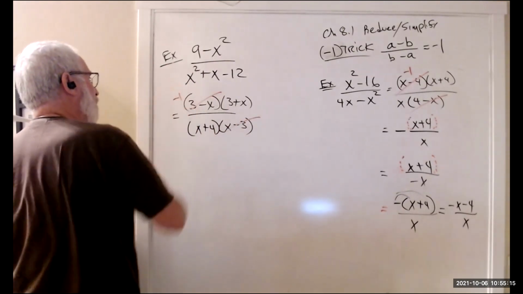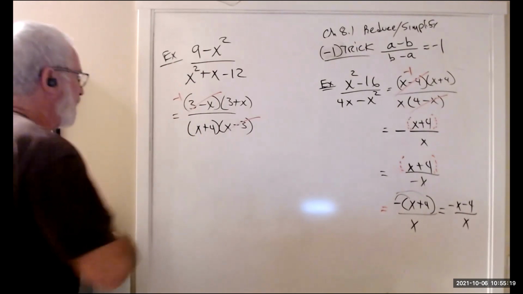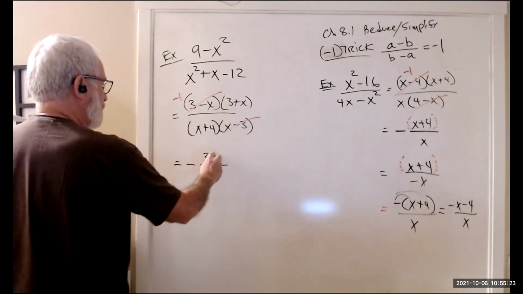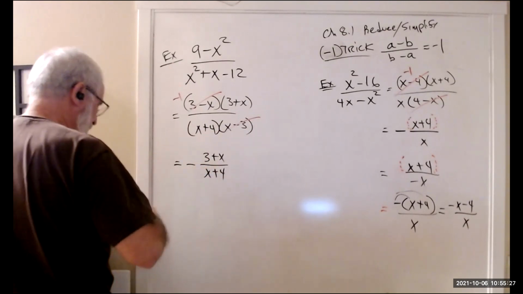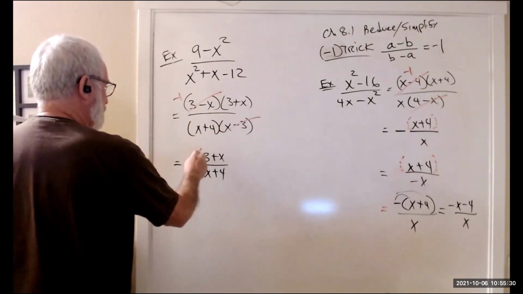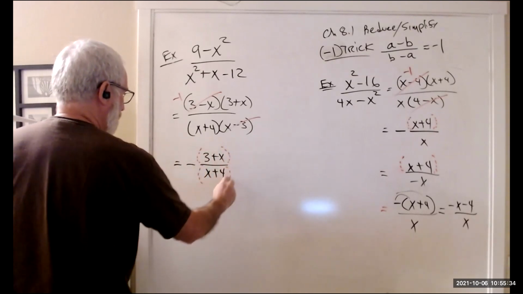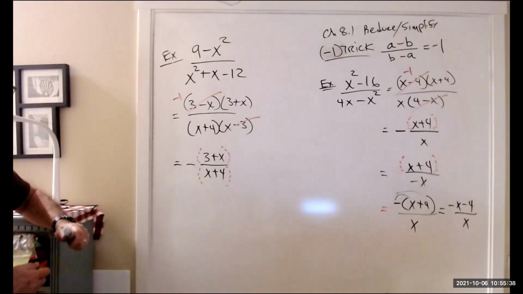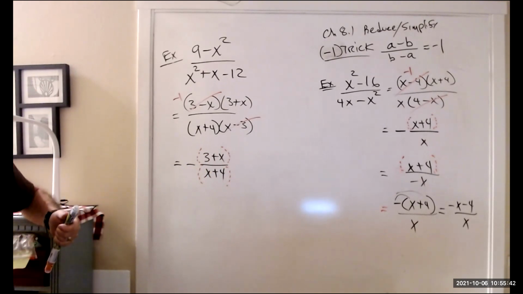They make a negative 1 somewhere. Where you stick the negative 1, most people like the middle. So they'll say 3 plus x on top, x plus 4 on bottom, remembering that there are these invisible parentheses around the numerator and denominator. Questions?